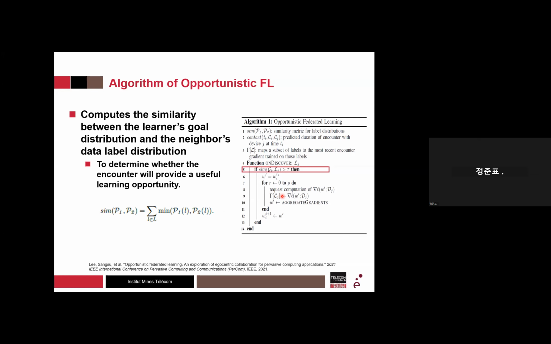First, client i computes the similarity between the learner's core distribution and the neighbor's data label distribution to determine whether the encounter will provide a useful learning opportunity, following this equation. Then, if the similarity is more than the threshold tau, it decides to engage with the neighbor to perform a session of remote training.